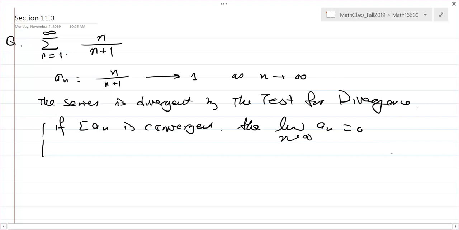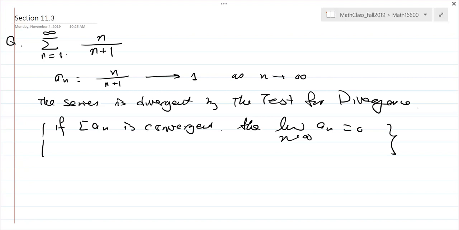Now, the evidence you provide is that the limit of the nth term is not going to be 0. So the series is divergent, because if it's convergent, then the limit must be 0, right? That's it. So this is the correct argument.